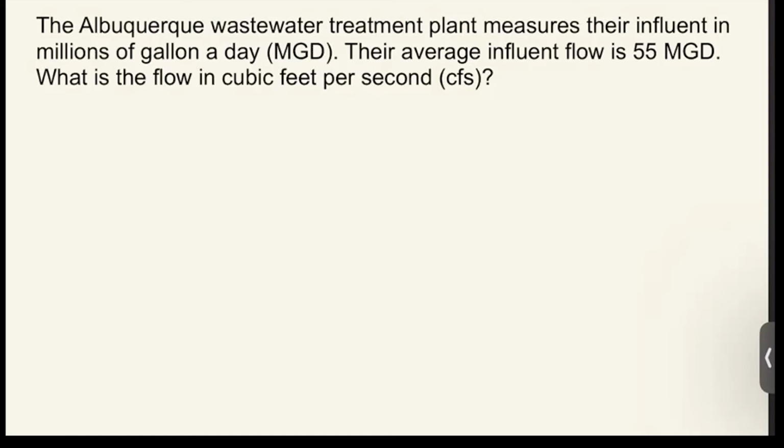So first, we're going to identify what we're given. This is our 55 mgd. Second, we're going to identify what we need to find. So this is going to be our cubic feet per second. Then we're going to use our conversion factors.